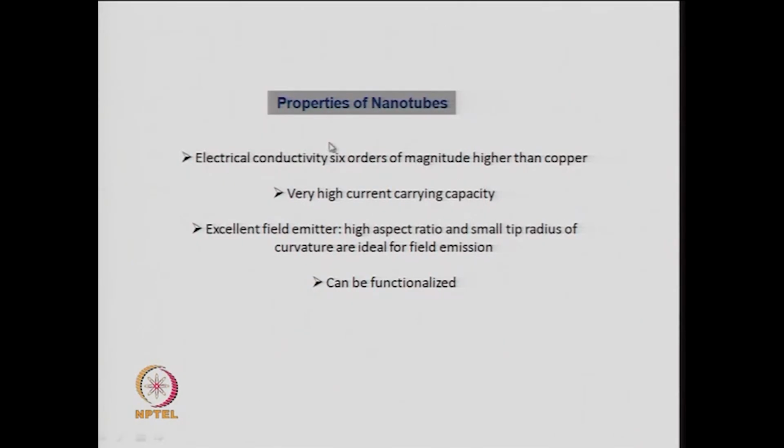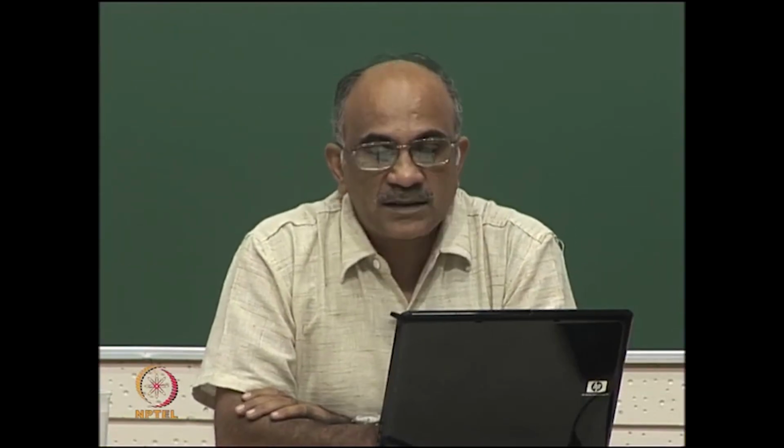For example, the electrical conductivity, that is the ability to pass current, is 6 orders of magnitude higher than copper. All of you know that copper is a very good conducting material, and so we use copper wires in all our electrification, and it has a very high conductivity, that means very low resistivity.